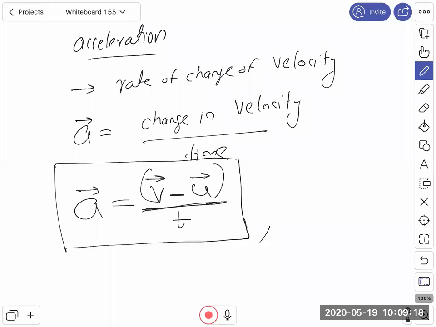So direction of acceleration is along the direction of final velocity vector minus initial velocity vector. Or you can write this as the direction of change in velocity. So direction of acceleration is in the direction of v vector minus u vector. Okay. तो final velocity vector minus initial velocity vector करके हमको एक resultant vector मिलेगा. That resultant vector is going to give the direction of that acceleration vector.